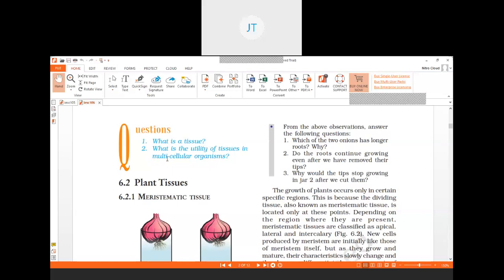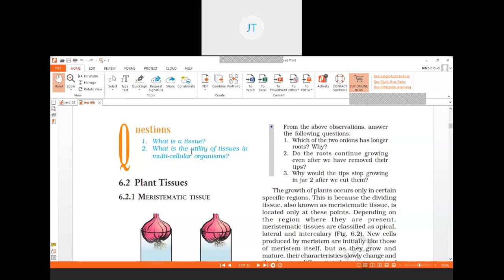They are multicellular, so all the cells must be fed, and all the cells must be cleaned of waste, and all these things require specialized tissue. Because of that, the importance of tissue in a multicellular organism is very great. So this is the answer you can write.